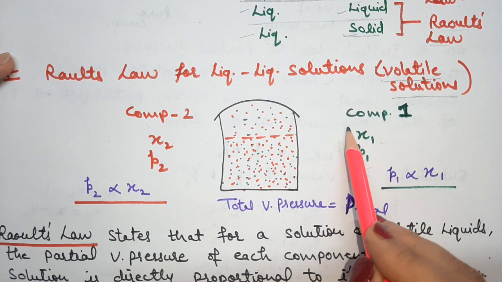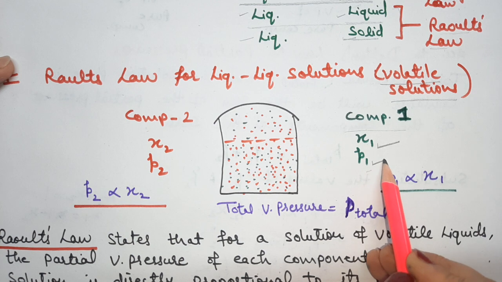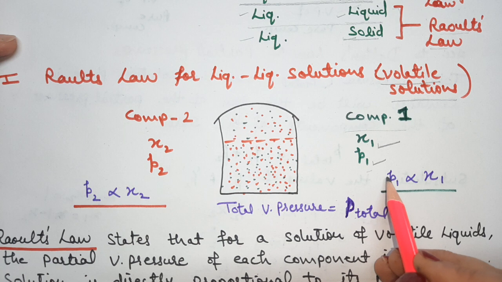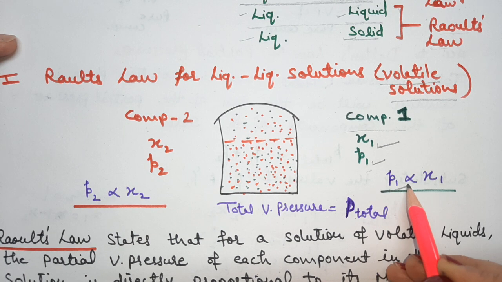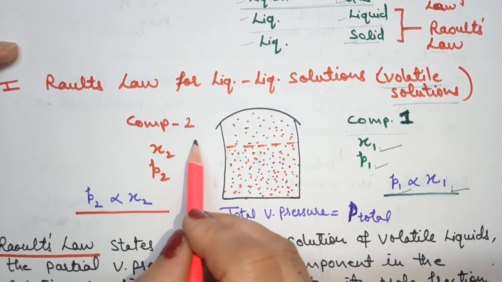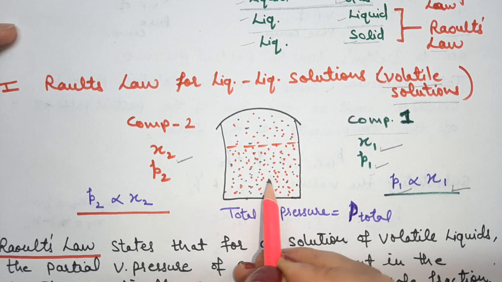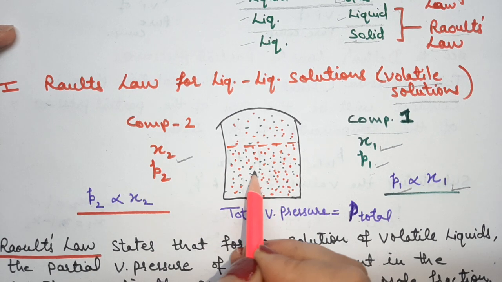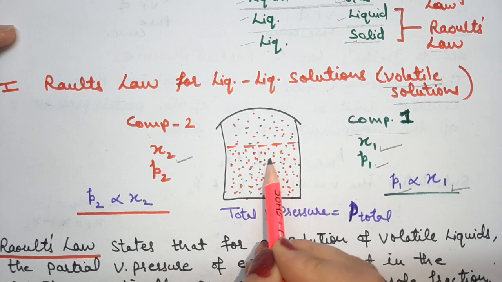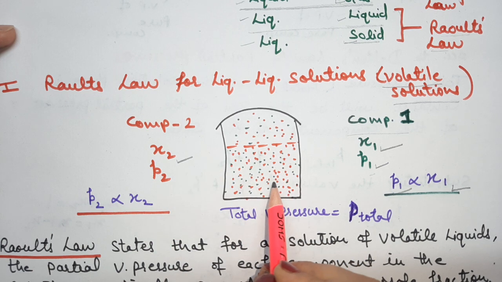Let X1 be the mole fraction of component 1, and P1 the partial pressure of component 1. According to Raoult's law, the partial pressure of component 1 is directly proportional to its mole fraction. Same here for component 2. Let X2 be the mole fraction of component 2 and P2 the vapor pressure of component 2. Here I have denoted component 1 with green color and component 2 with red color.